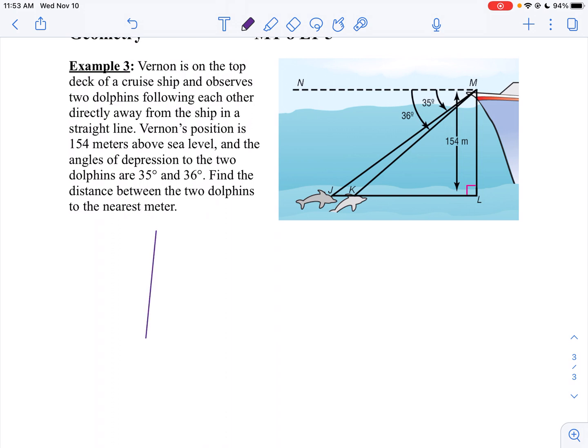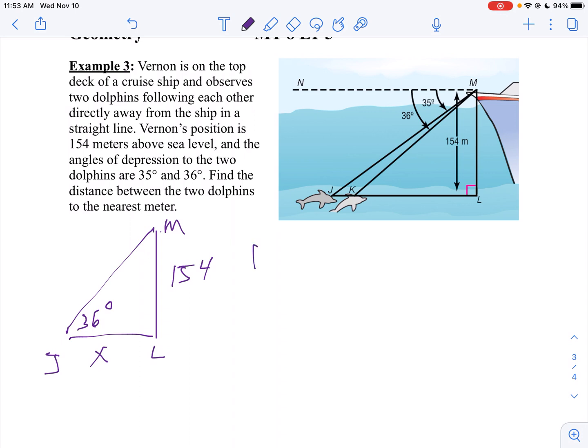So here's M, L, and J. So I know M to L is 154 meters. I know my angle of depression is 36 degrees, and I want to find X. I want to find that horizontal distance. So I'll do it just like we did before.